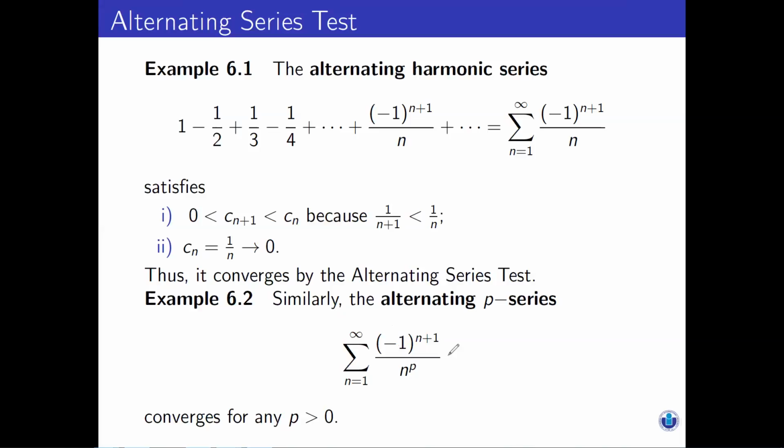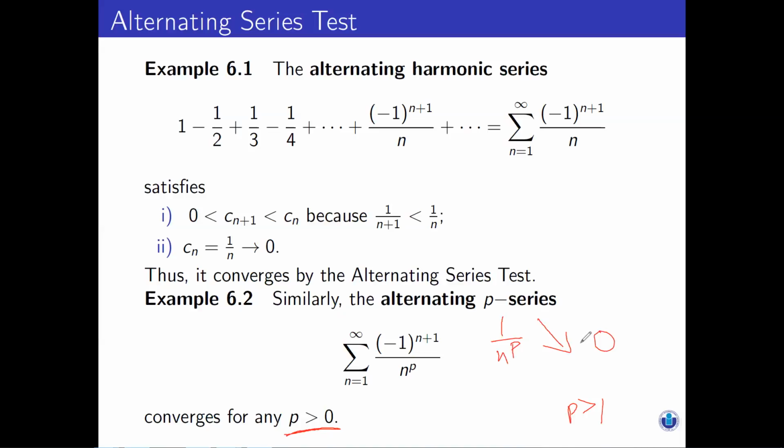Then this series now becomes convergent for all P bigger than 0. Before, for the usual P series, you need P bigger than 1, right? But now you put in the alternating sign and suddenly it converges for all P positive. And the reason is the size of the coefficient goes to 0, decreasing to 0.